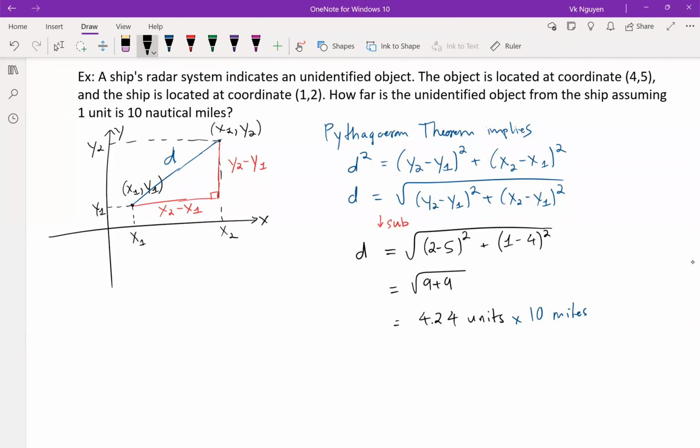And that gives us 42.4 nautical miles. Yep, that is the distance between the ship and the unidentified object.